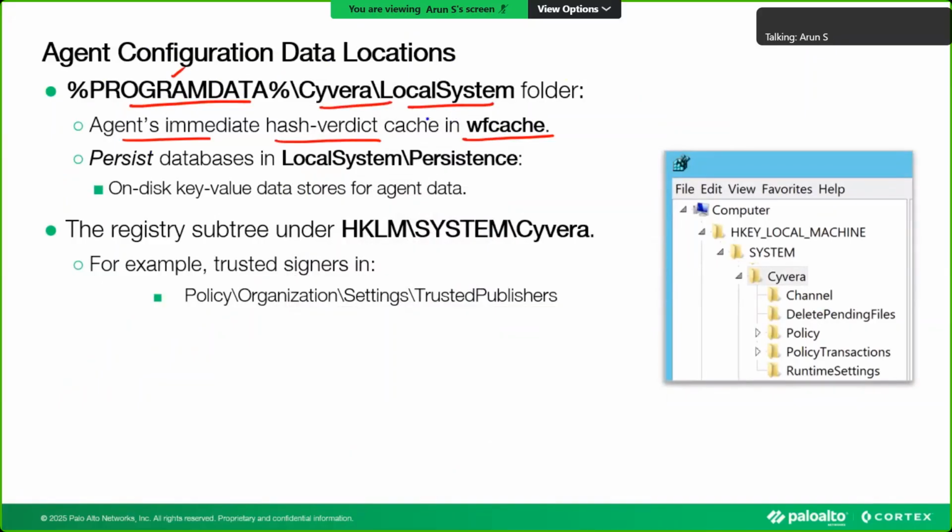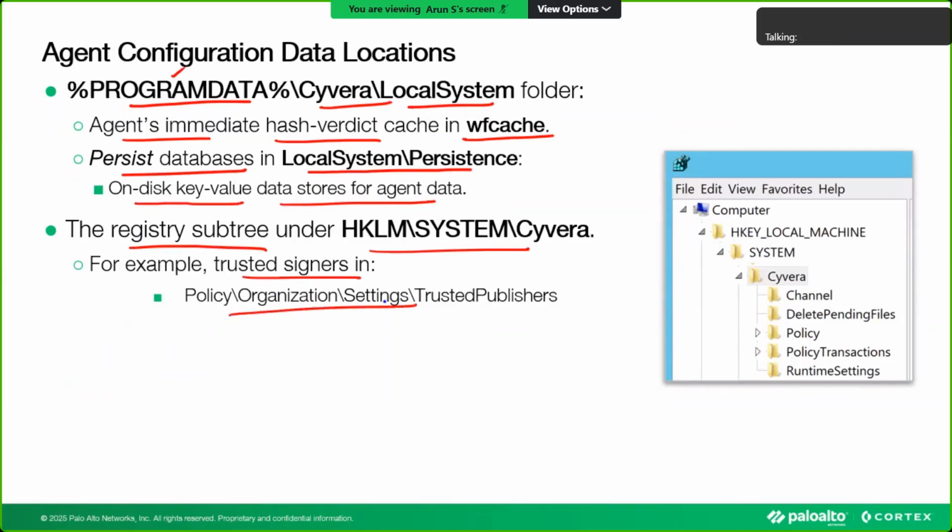And then your persistent databases. All your persistent databases will be available in this folder. These are on-disk key-value data stores for agent data. Then your registry subtree is under this folder, for example all your trusted signers. These folders are created automatically, so you can go and check.